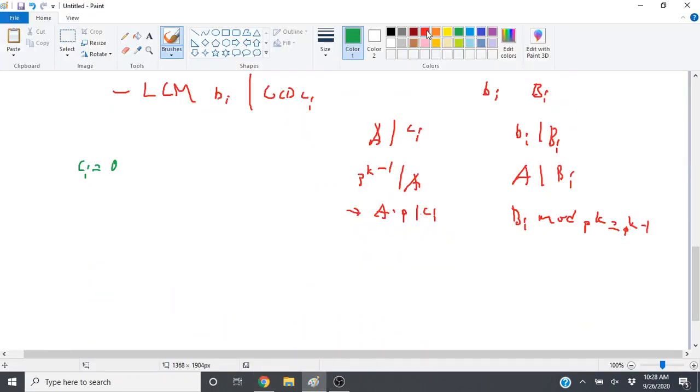So now all CI equal 0, which means all AI are equal. This is actually where subtask 1 comes in.